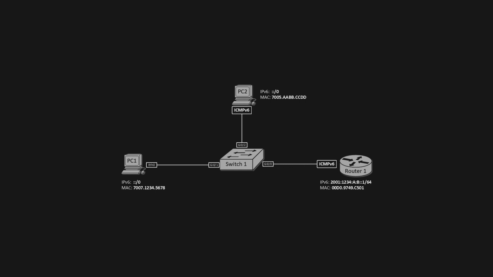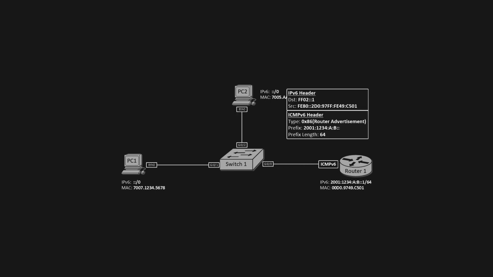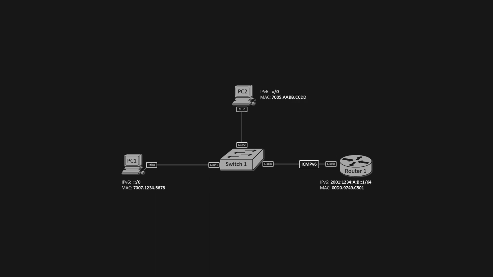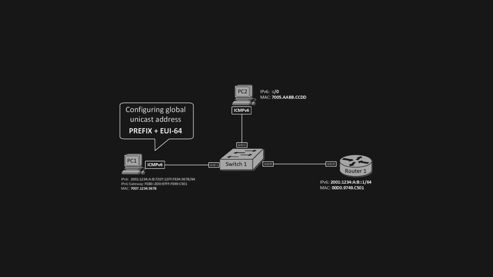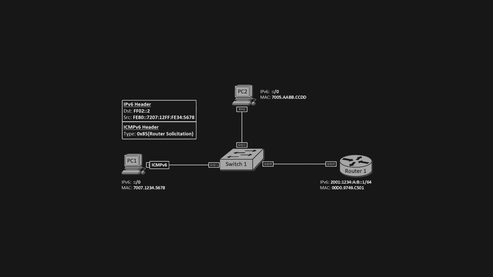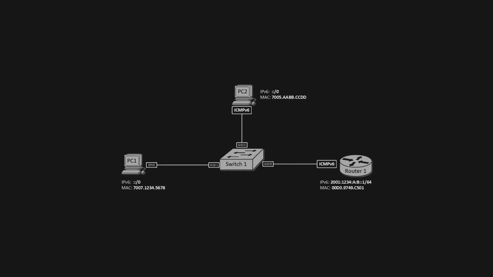By combining the EUI64 method with NDP, SLAAC enables devices to obtain their complete global unicast address automatically, eliminating the need for manual configuration or a DHCPv6 server. The use of SLAAC simplifies the process of assigning IPv6 addresses to devices and enhances the efficiency of network configuration and management.